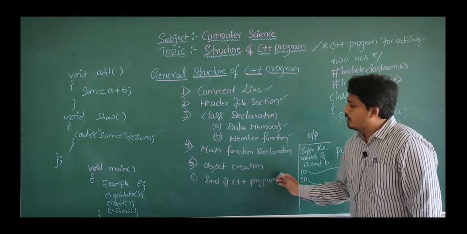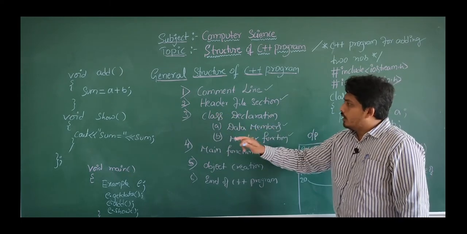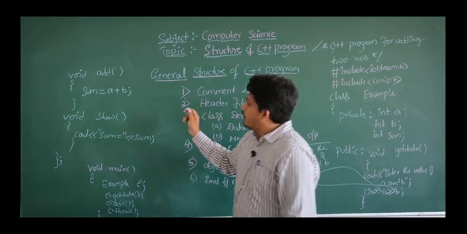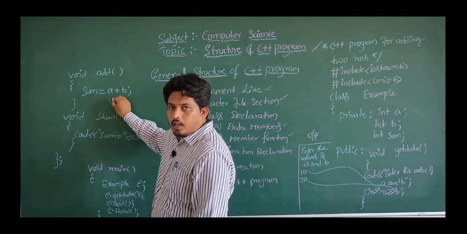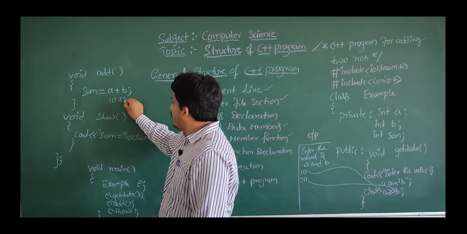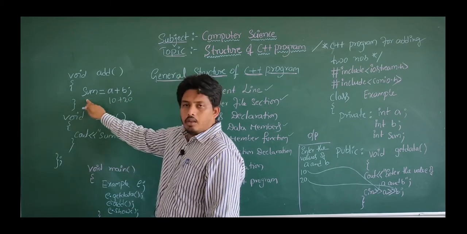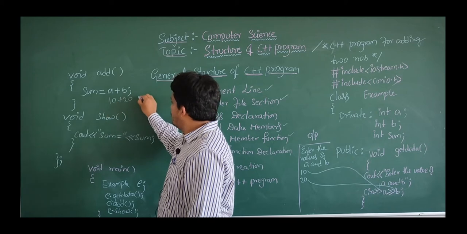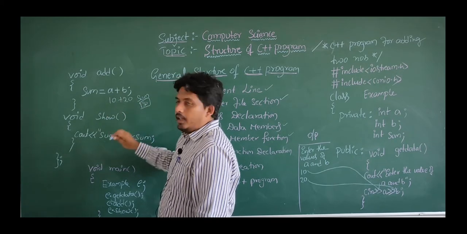After storing this, we are calling e.add. That is, it comes to the add function by taking the values of A and B. My value of A is 10 and my value of B is 20. It computes the sum and the result will be stored in your sum variable. So now sum is a variable which is storing the value 30.